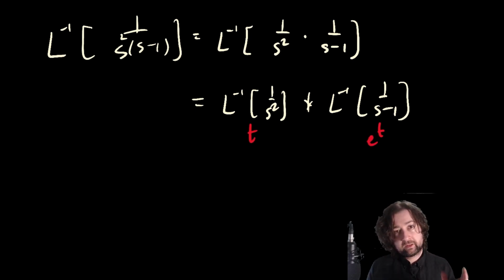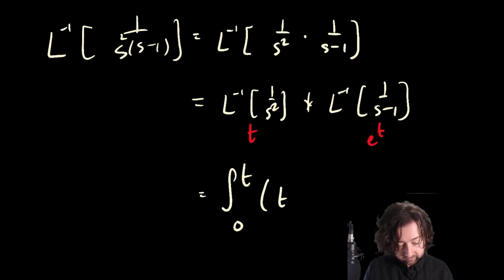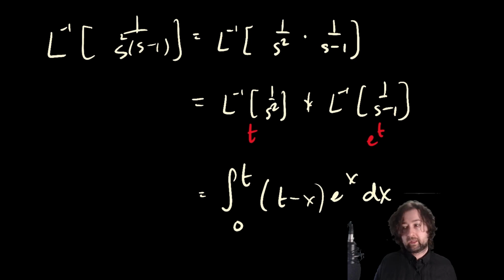If you wrote down the definition of the convolution, what you get is the integral from 0 to t of t minus x times e to the x dx. And you could actually evaluate this using integration by parts, and it will give you the same answer that you would get doing partial fractions.